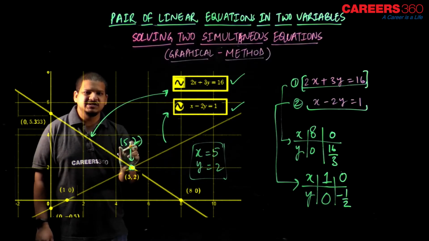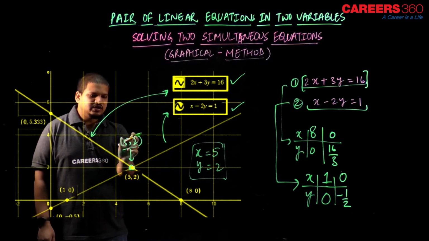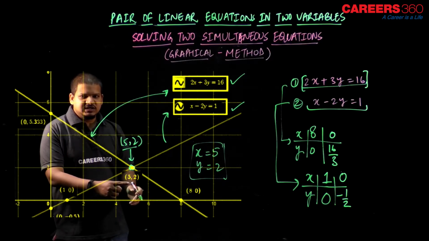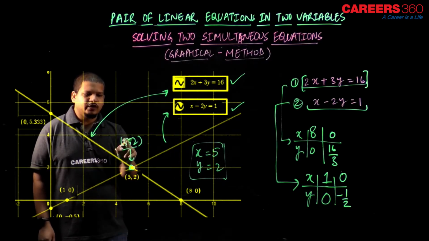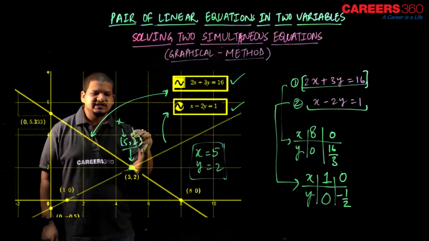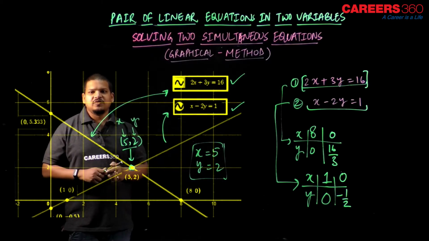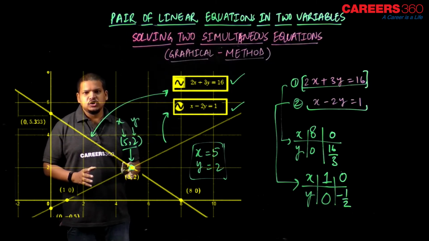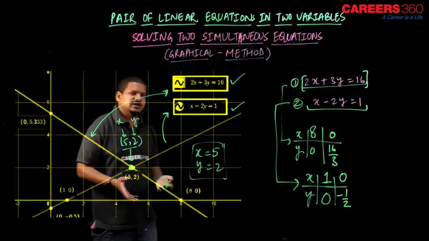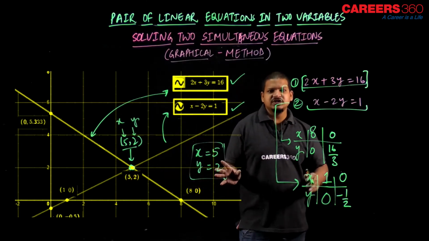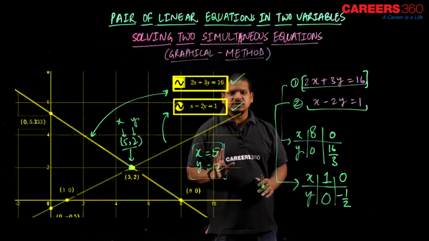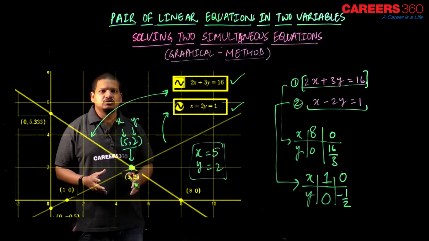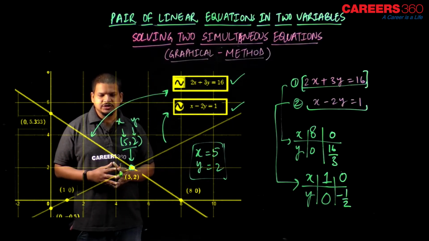In a coordinate system, when you represent a point on the x and y axes, the first value is the value of x and the second value is the value of y, and that's how we can get the solution of any equation. Like over here I have achieved the solution of these equations, right? So this is the graphical representation of two simultaneous equations.